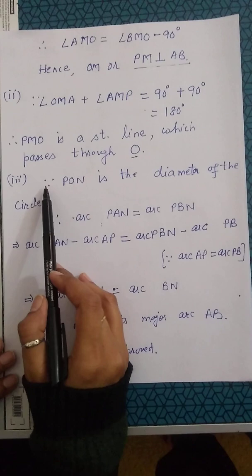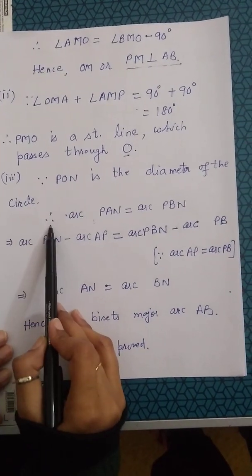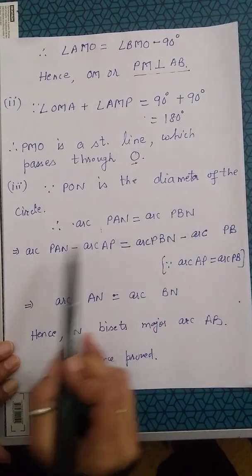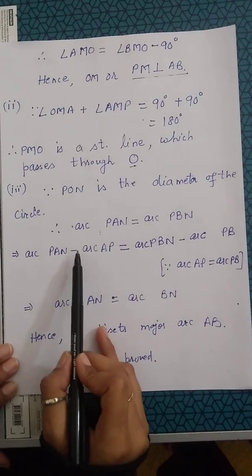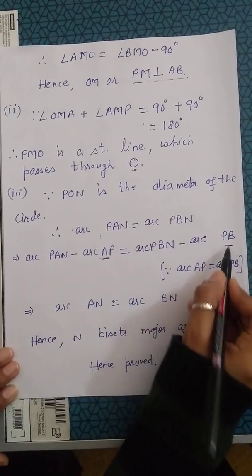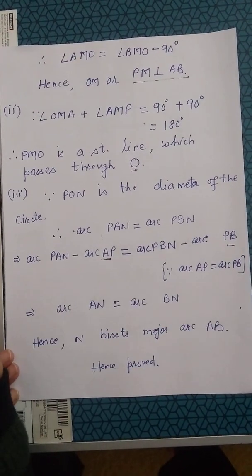For the third part, because PON is the diameter of the circle, therefore arc PAN is equal to arc PBN. This implies if I subtract arc AP and PB from both the sides, if equals are subtracted from equals, the difference will also be equal.